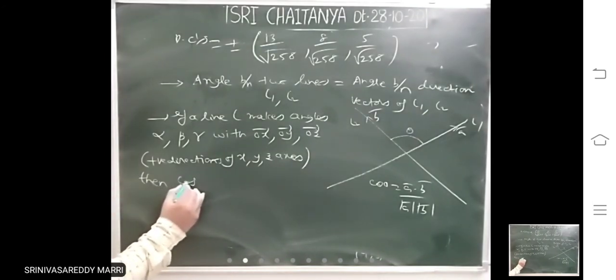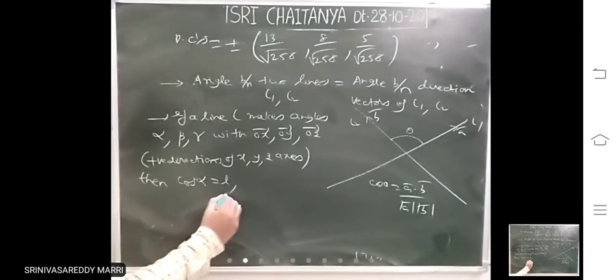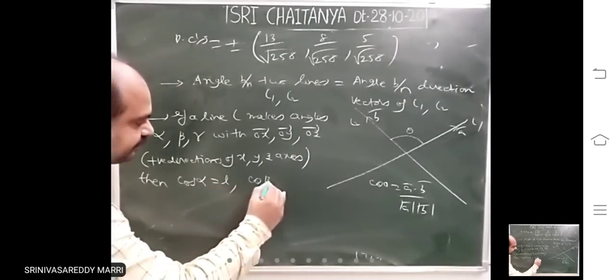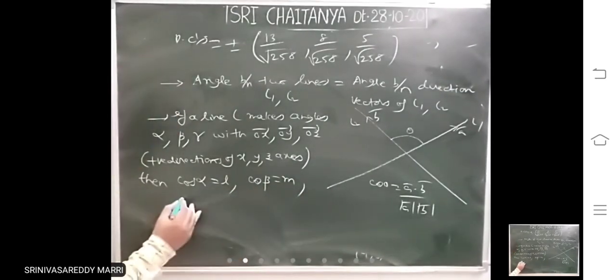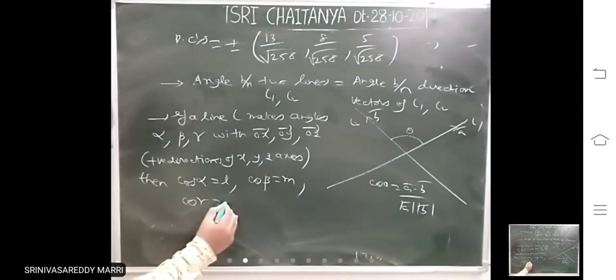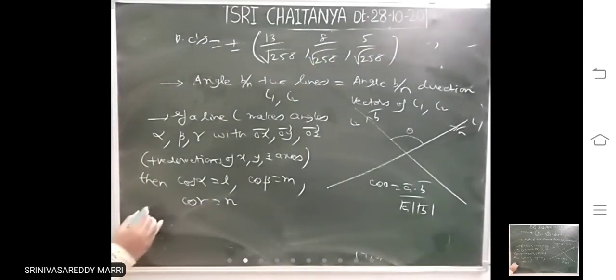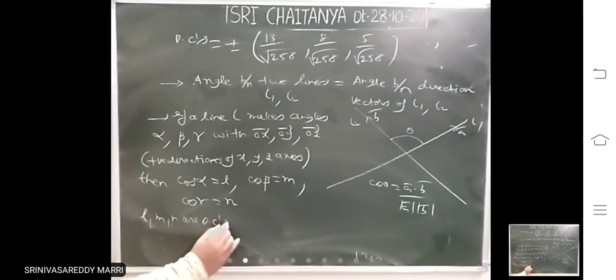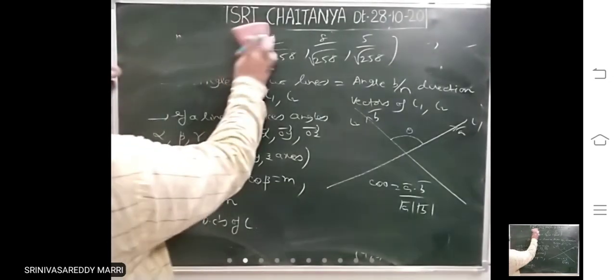Then cos alpha is nothing but L, cos beta is nothing but M, cos gamma is nothing but N. L, M, N are the DCs of line L. Now look at this line, it makes an angle with another line OX.